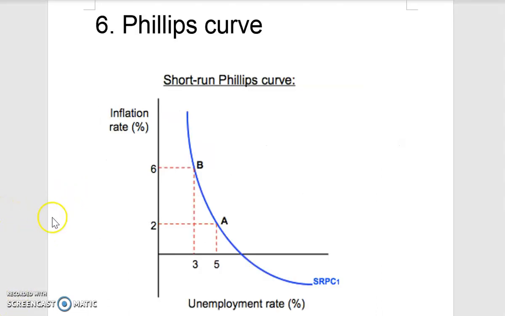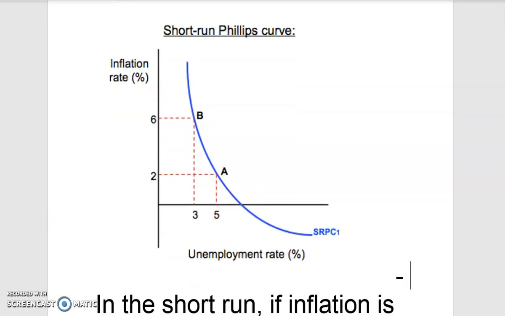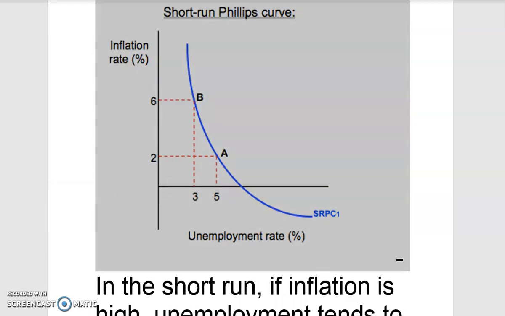The last topic for this chapter is the Phillips curve. It puts inflation and unemployment together. Phillips observed that in the short run, if the inflation rate is high, the unemployment rate is low. If the unemployment rate is high, the inflation rate is low.